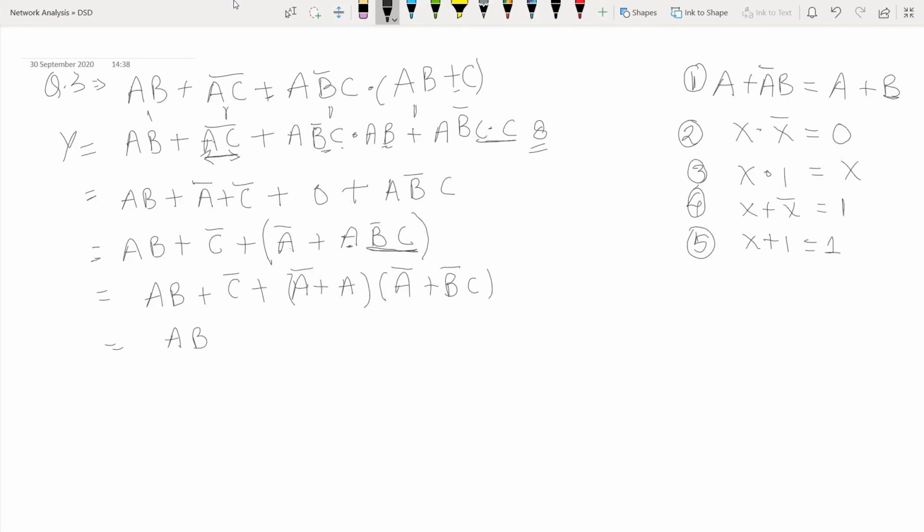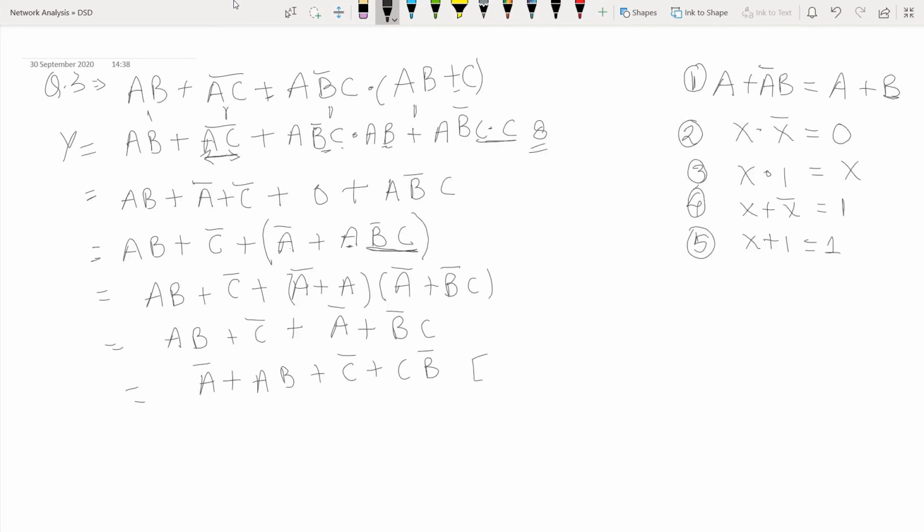I'll be getting AB plus C bar plus A bar is 1, and 1 dot this is A bar plus B bar C. Right. Now I will just rearrange these terms. So this is A bar plus AB plus C bar plus CB bar. I have just rearranged this term using commutative and associative property.